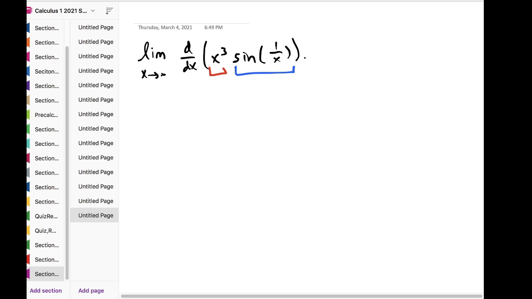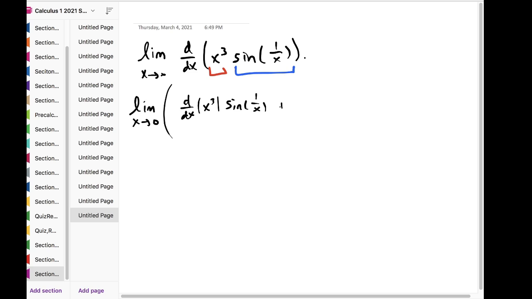So product says, let's first have this limit in here. You take the derivative of the first times the second plus the first, and then times the derivative of the second.